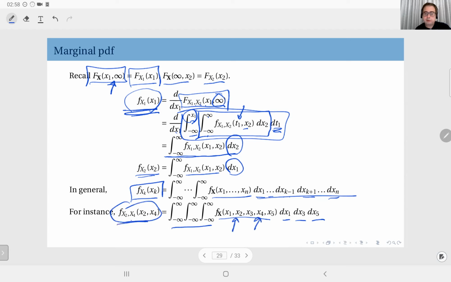So the joint PDF of x2 and x4. And then, if you integrate this with respect to x4 from minus infinity to infinity, you get the marginal PDF of x2. Simple as that.